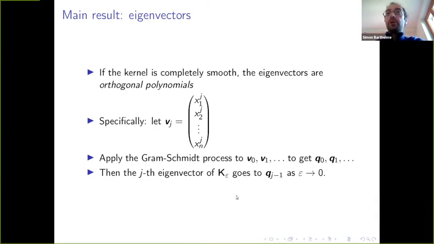And the surprising result is that every eigenvector of K of epsilon is one of these orthonormal polynomials. So there's a very simple characterization of eigenvectors of kernel matrices in that limit. They're just orthogonal polynomials constructed using the usual method, Gram-Schmidt. It becomes a bit more complicated in the multivariate case, but in 1D it's very, very simple.